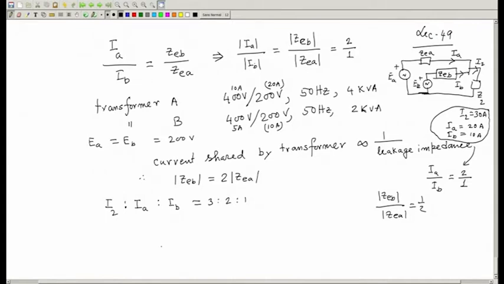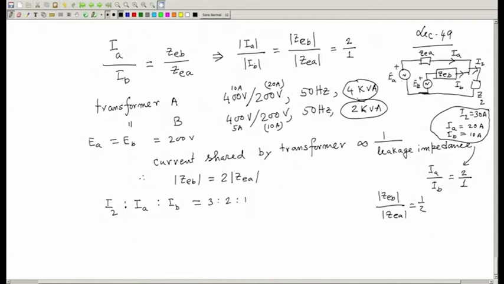The transformer having higher kVA must have lower impedance. The kVA of this transformer is 4 kVA. Otherwise, what will happen?